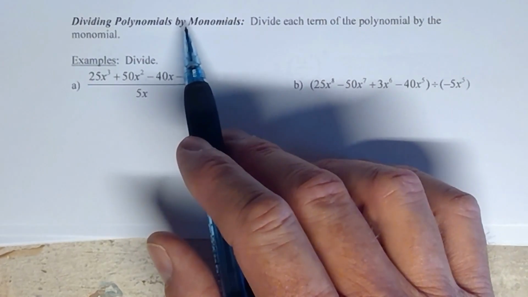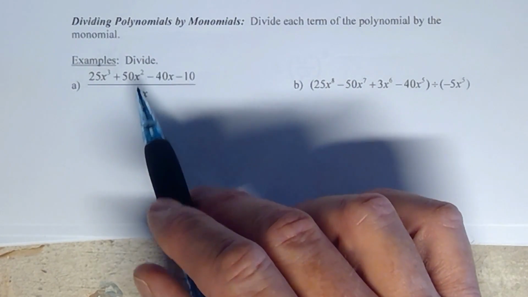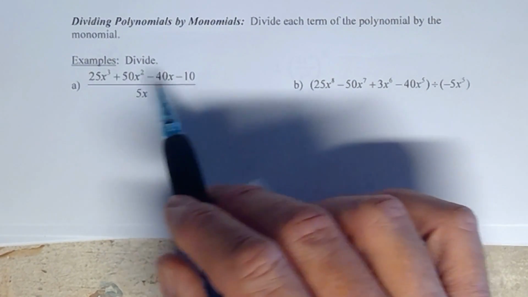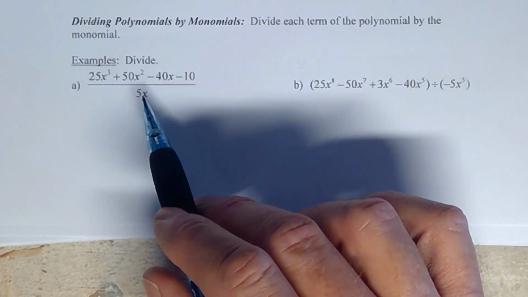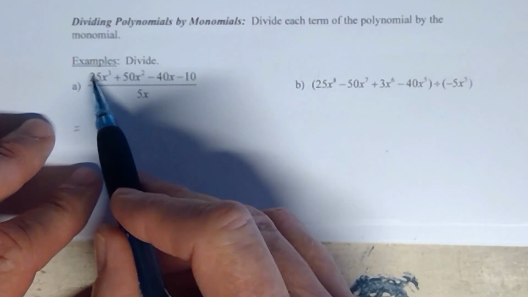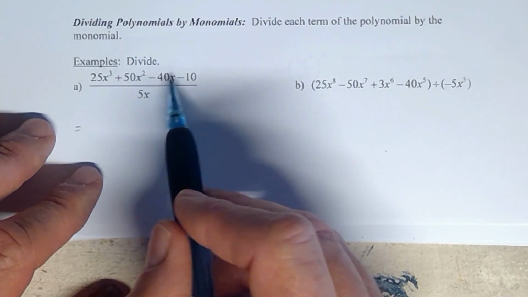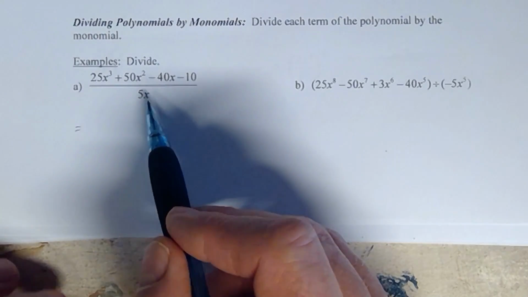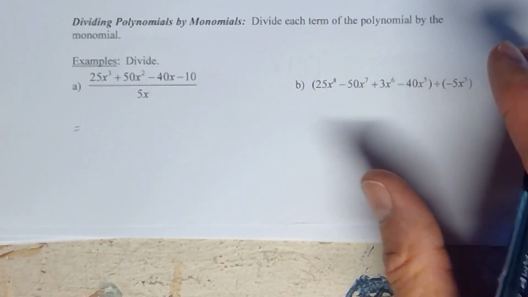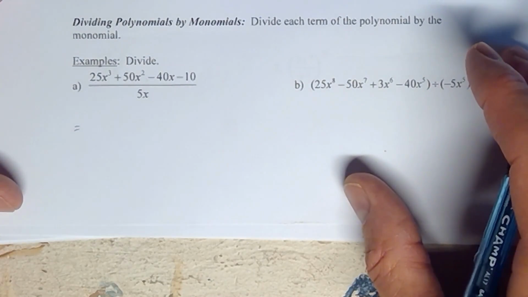But we're just going to talk about when the second thing in the division, the thing you're dividing by, is just a single term. How do you do that? How do you do it when the thing on top here has more than one term? You can see that there are 4 terms up here. But the thing you're dividing by down below is just a single term.